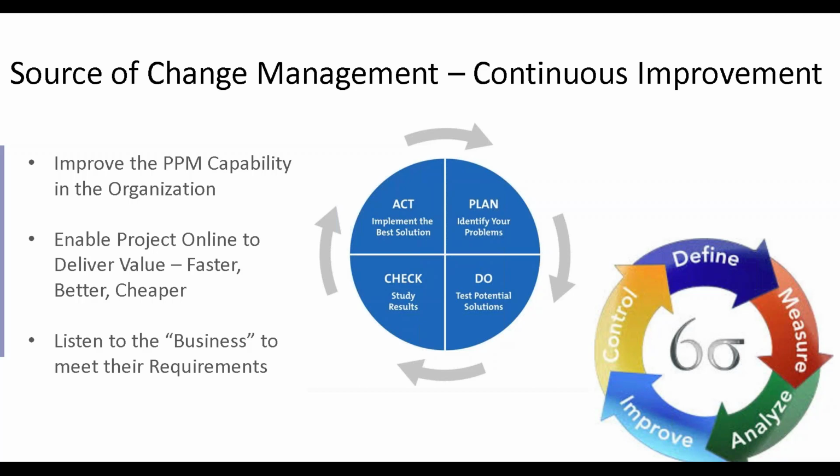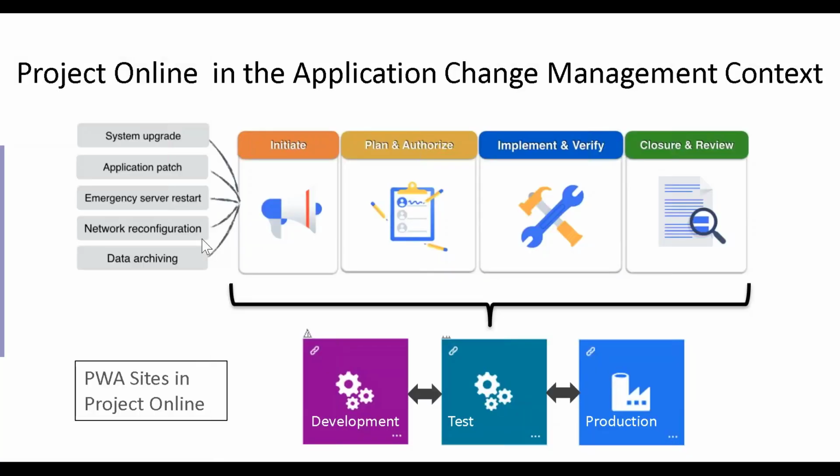The more you improve, the better adoption you achieve, the better value the organization gets out of using Project Online. And you manage Project Online just like you would any other application. You have an application change management lifecycle, and you should apply the same principles you use with any other enterprise application to Project Online.